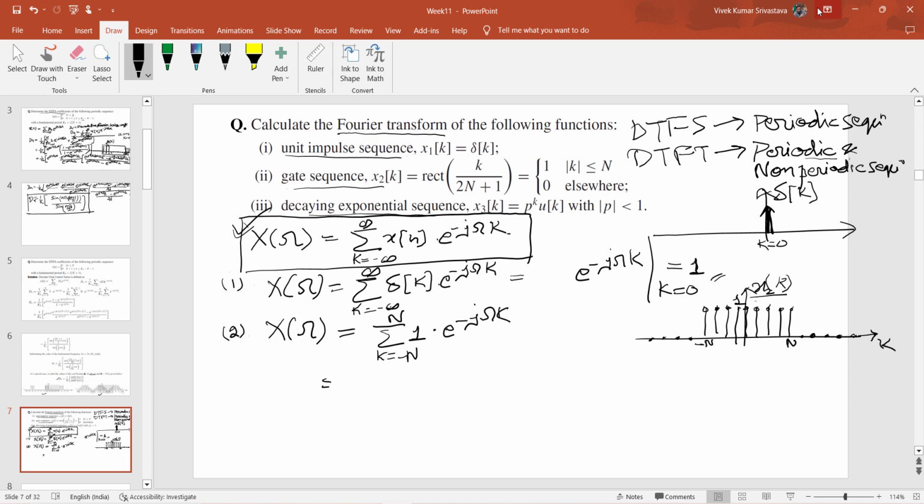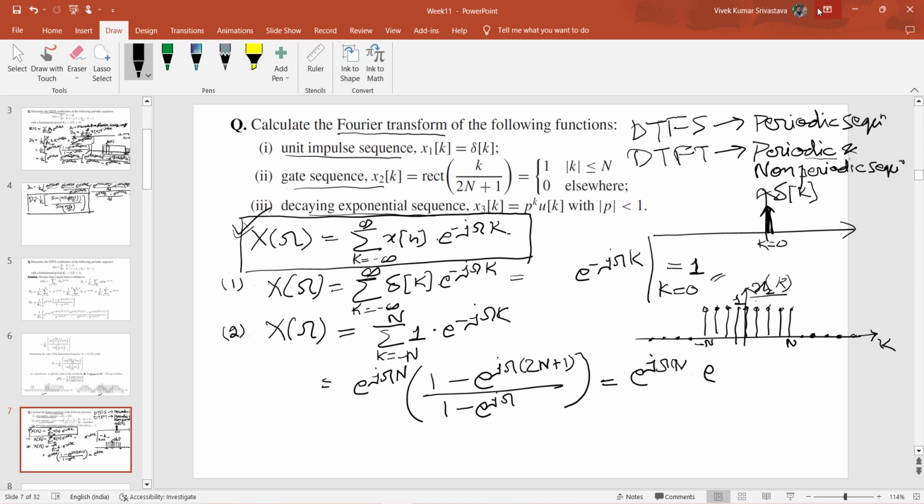So this will be e raised to the power j omega n times 1 minus e raised to the power j omega twice n plus 1 over 1 minus e raised to the power j omega. So this we can further solve: from the numerator I will take e raised to the power.